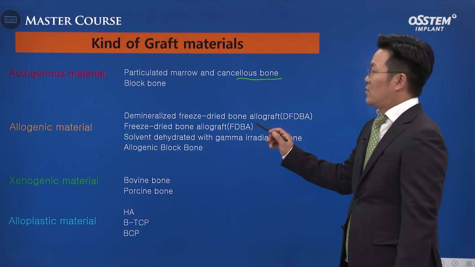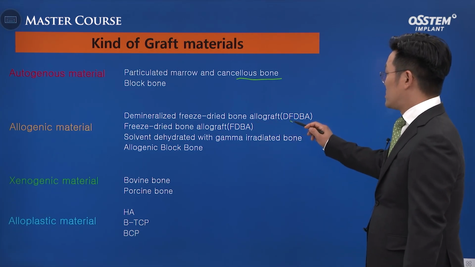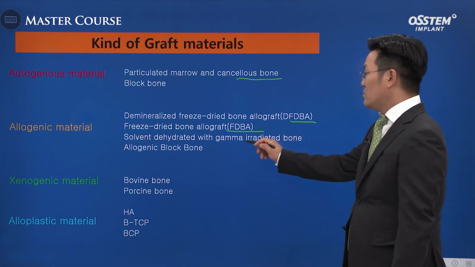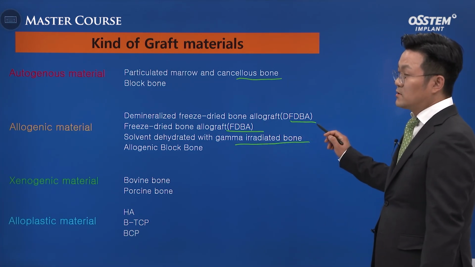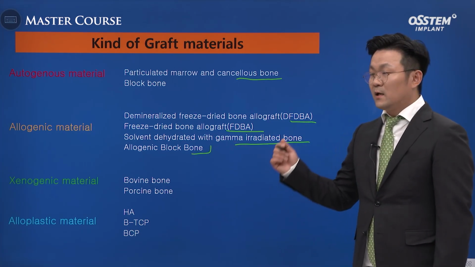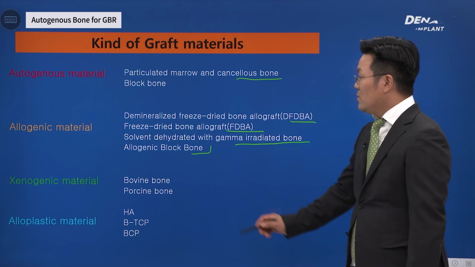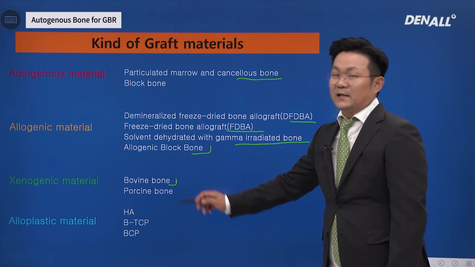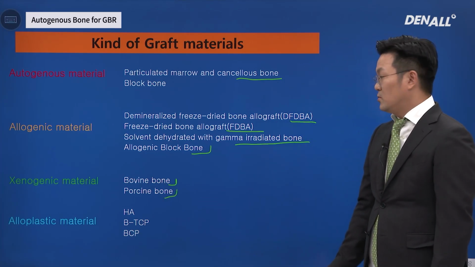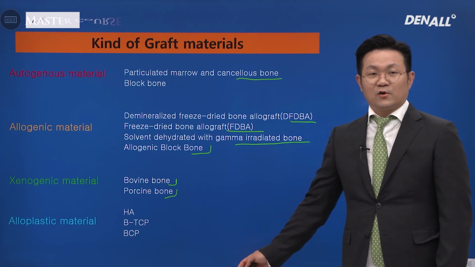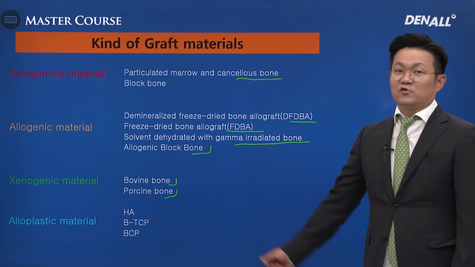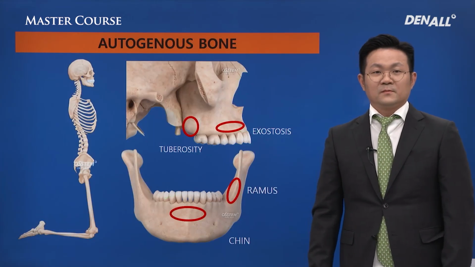Among allogenic materials, there are DFDBA and FDBA, and another type is gamma irradiated bone material with antigens removed, also in block bone type. Bovine bone is the most widely used xenogenic material, and porcine bone is another. Alloplastic materials include HA, beta TCP alone, and BCP, mixing those two.